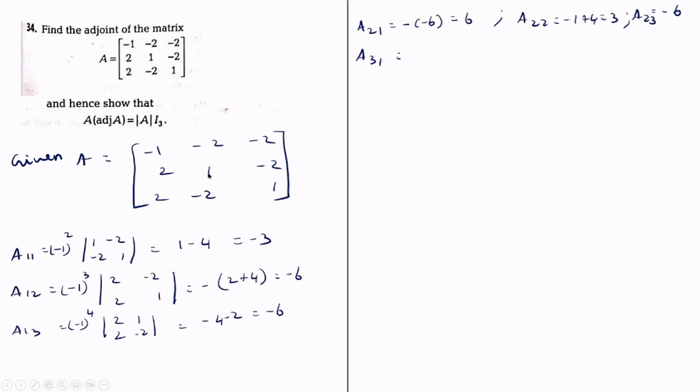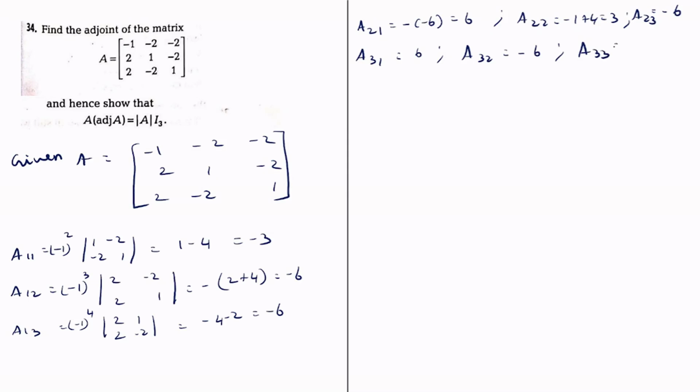So minus 2 into minus 2, 4 plus 2, 6. Then A32, delete the third row and second column, this is minus of, minus 1 into minus 2 is 2, then 2 plus 4 is 6, this is minus 6.